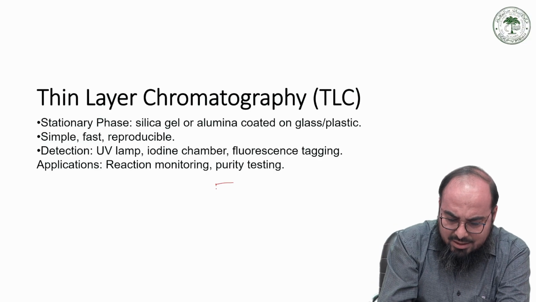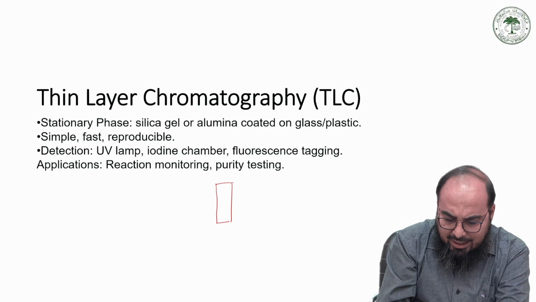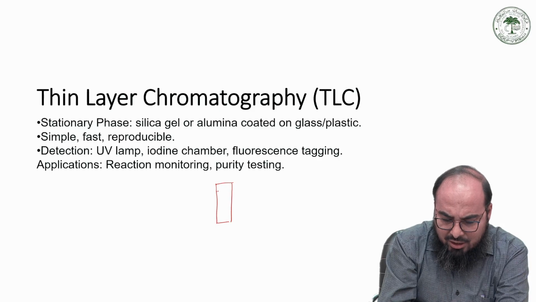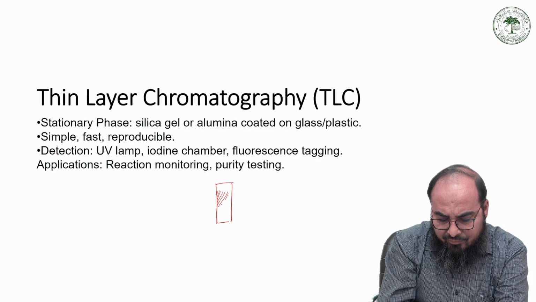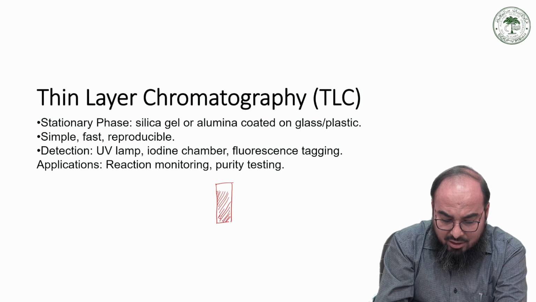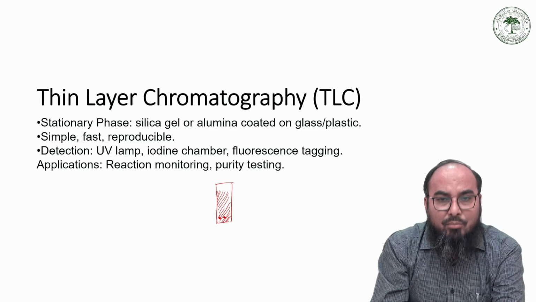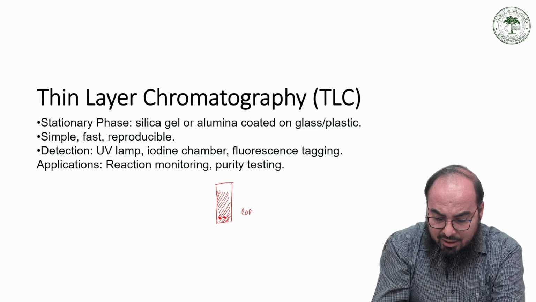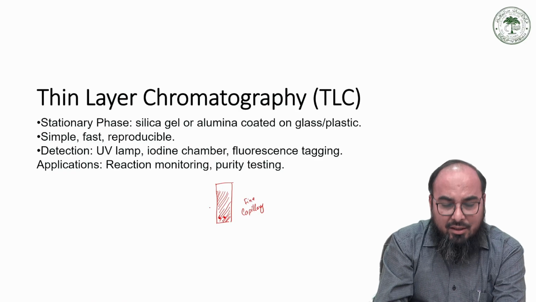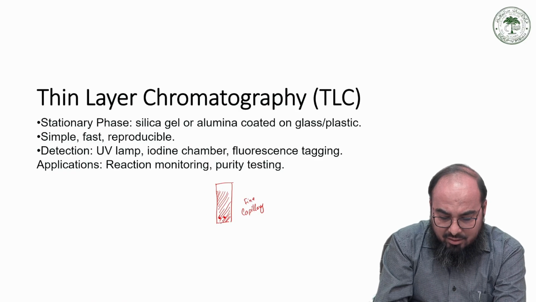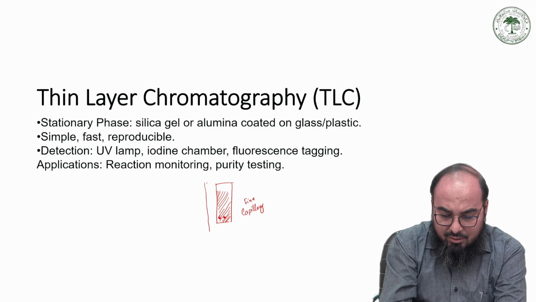Again, you have a glass slab, and on that you coat silica gel, and on that you add your mixture as a spot by using a fine capillary, and then you put it in a beaker.